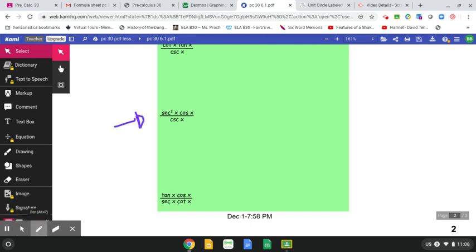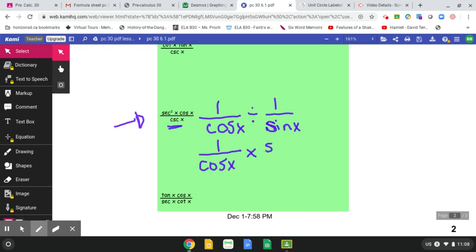I was at the stage where it looked like this: 1 over cos x, which is what that numerator simplified to, divided by cosecant x, which is 1 over sine x. When you're dividing, just invert and multiply. So you'll have 1 over cos x times sine x over 1. And when you're multiplying, top times top, bottom times bottom, which is simply sine x over cos x.